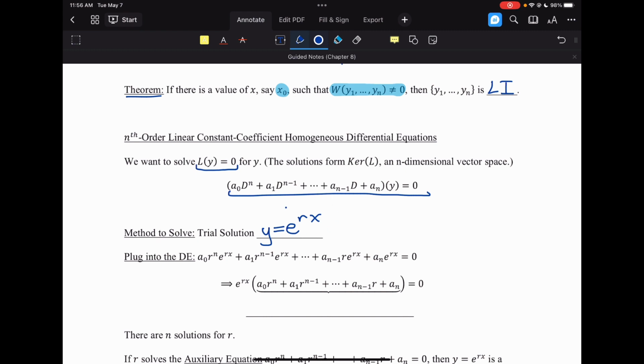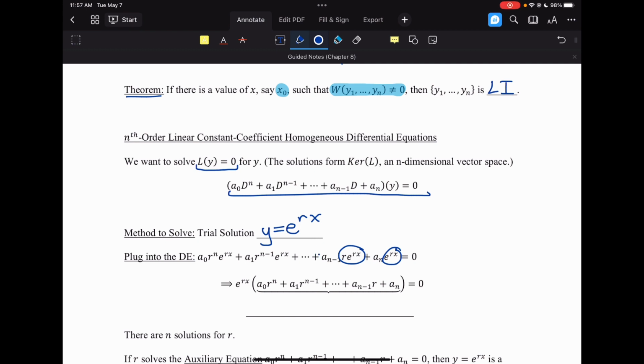So if we took this as a trial solution and substituted it into the differential equation up above, we would get a_n times y, and then a_(n-1) y prime. So that's e to the rx times r again. And then the second derivative would just give us r squared.